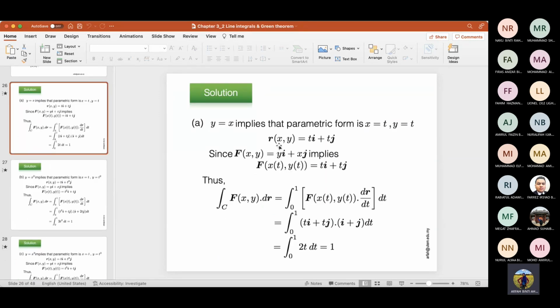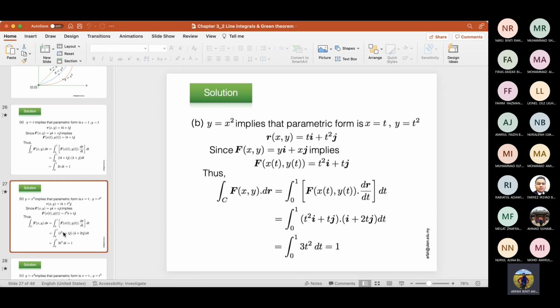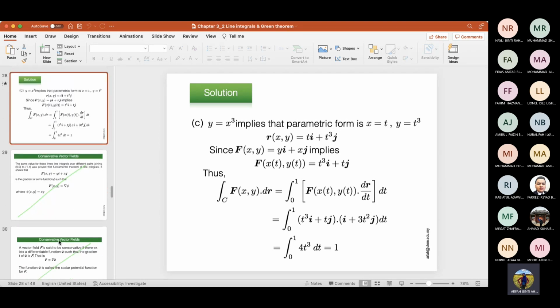You want to find the integration for vector f dr. So this is another exercise. Actually, you can just find the solution. x equal to t, y equal to t. And then that one, you get the answer is equal to 1. This is another exercise actually related to the vector function. Integration of the vector function.